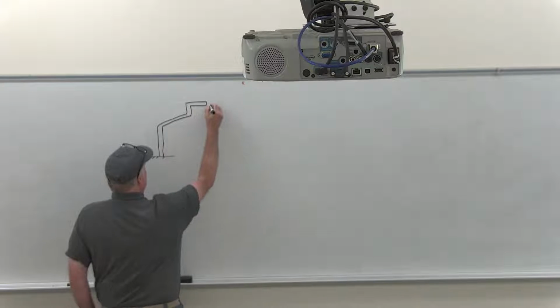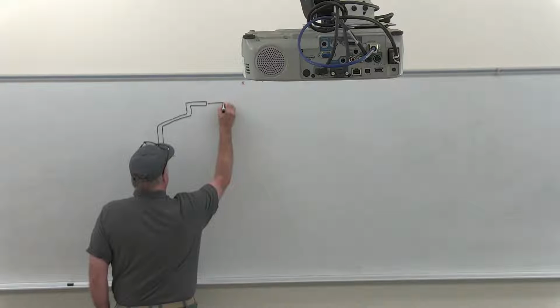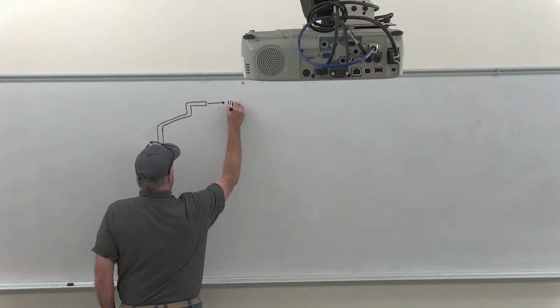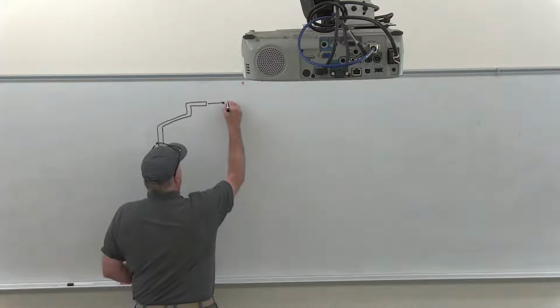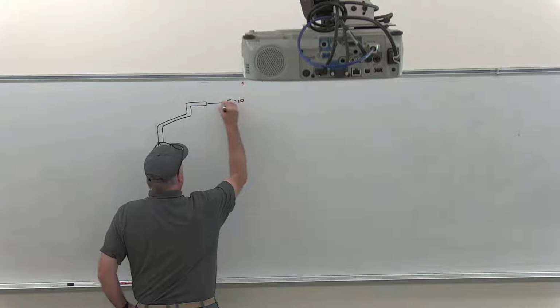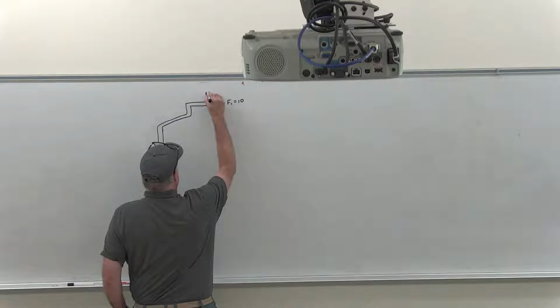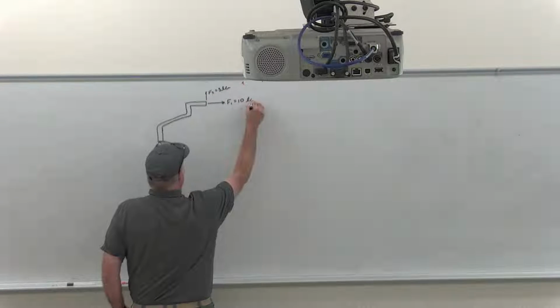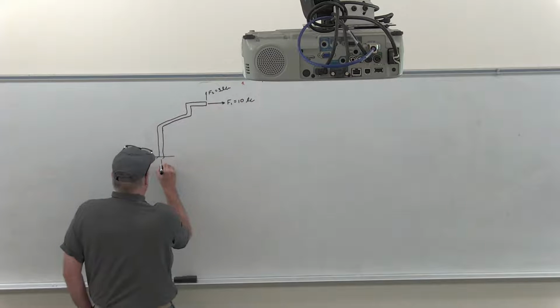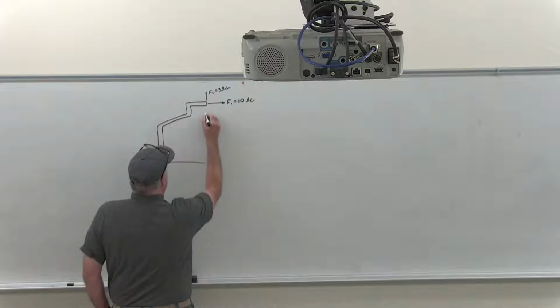And let's say someone pulls it here with, I'll start using symbols, F1 is equal to 10 pounds, F2 is equal to 3 pounds, and it doesn't matter how I got there.